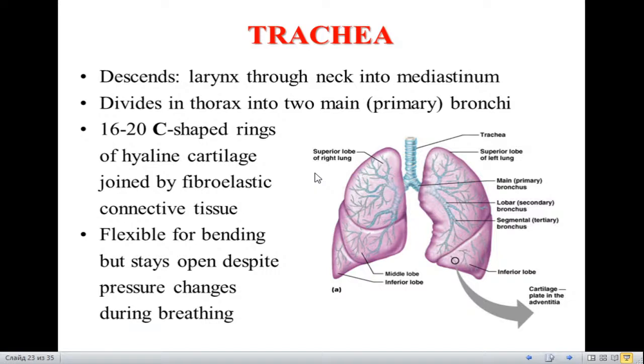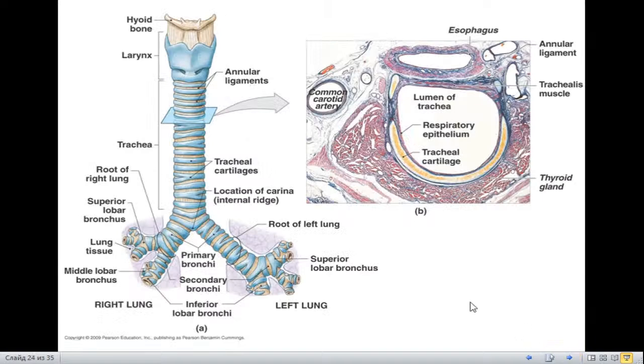The trachea is flexible for bending but stays open during breathing and even when you do not breathe. So here you can see the cross section, the C-shaped cartilage and tracheal muscles and connective tissue in the posterior border of the trachea.